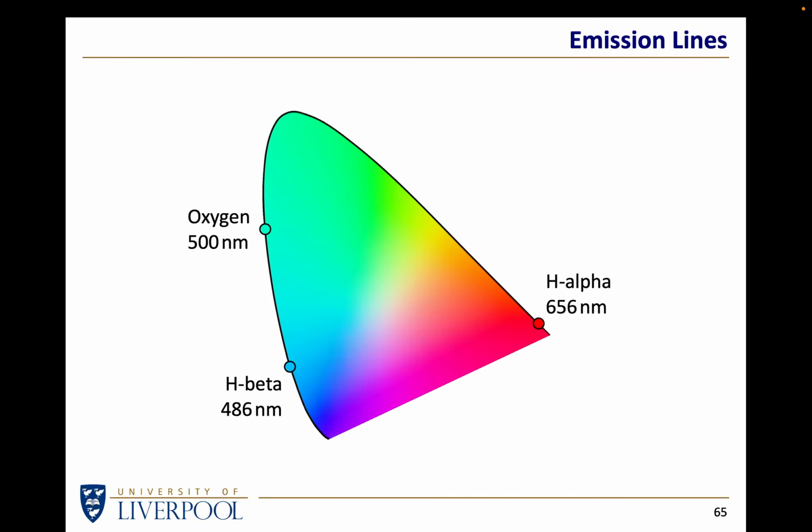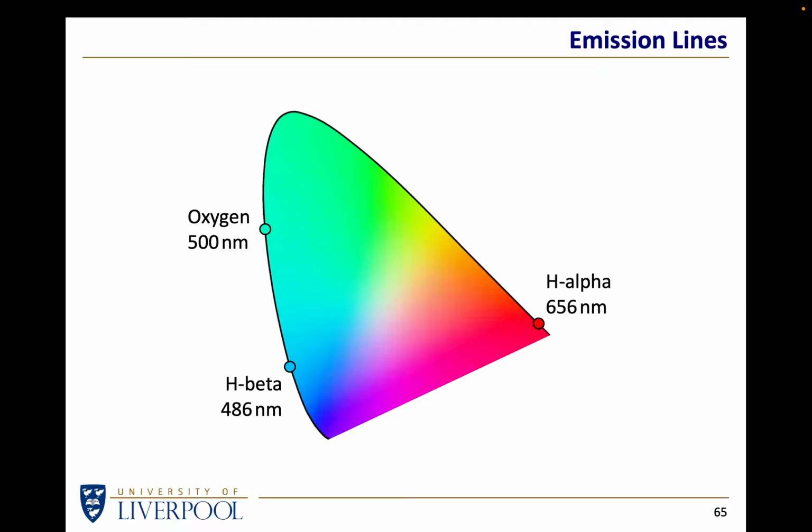If we were to look, for instance, at where those colors exist in a nebula, it might be shining because it has hydrogen atoms or oxygen atoms, and hydrogen will give an emission, as we've just seen, at the red end of the spectrum and the blue end of the spectrum. Oxygen gives one in the middle of the spectrum at about 500 nanometers or so.